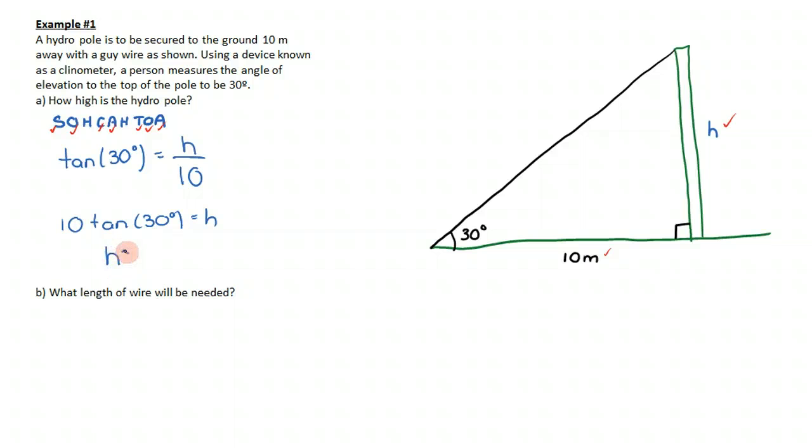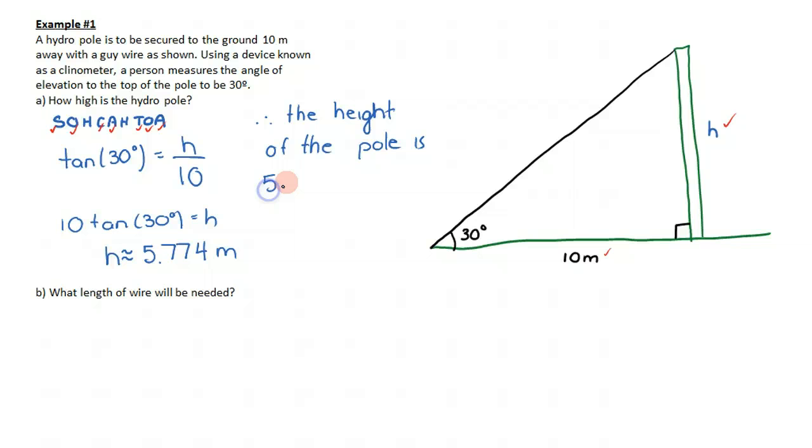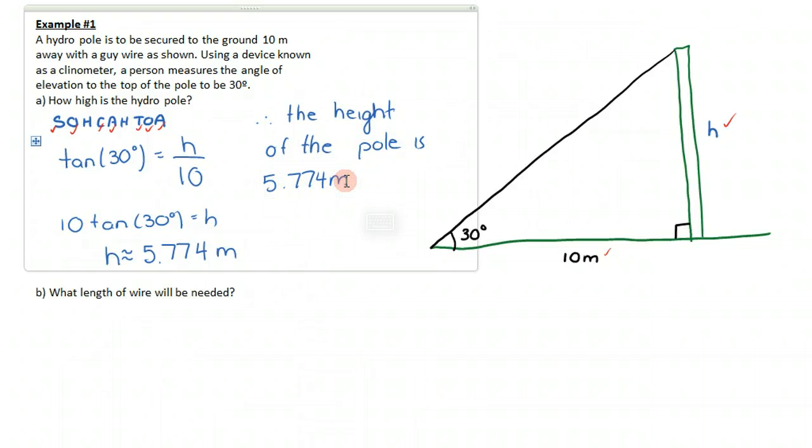So h is approximately equal to, and don't forget this approximate symbol now, 5.774 meters. 3 decimals is good there. Therefore, the height of the pole is 5.774 meters. And we're done.